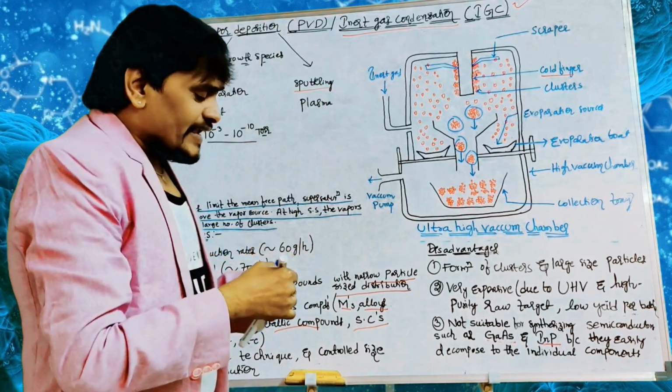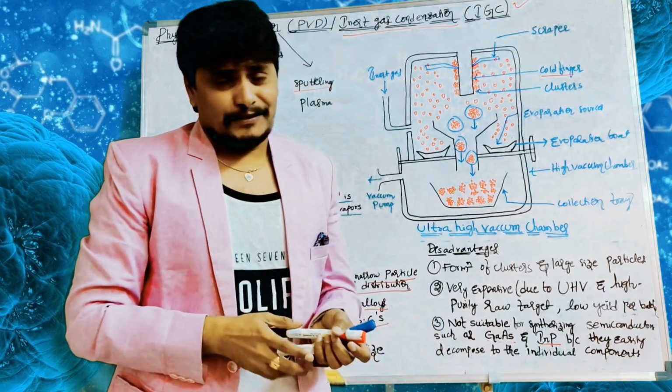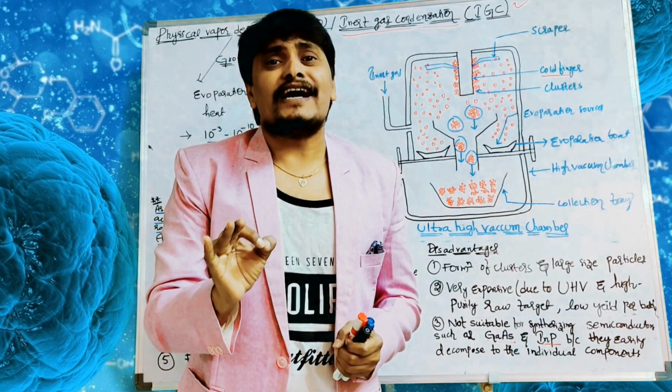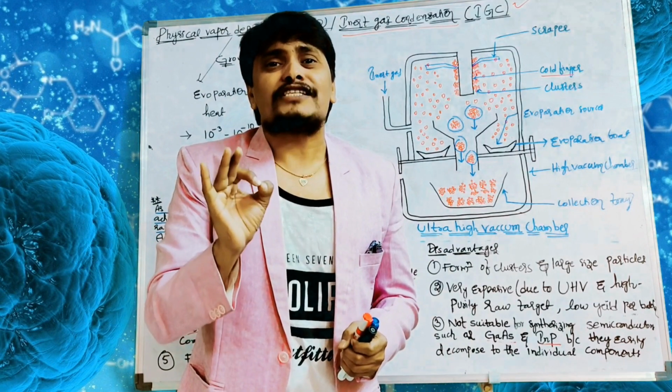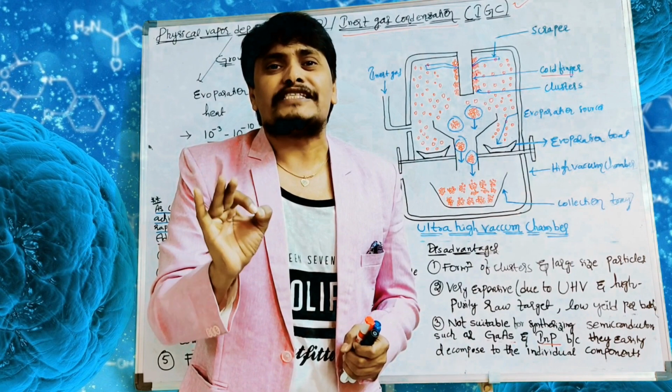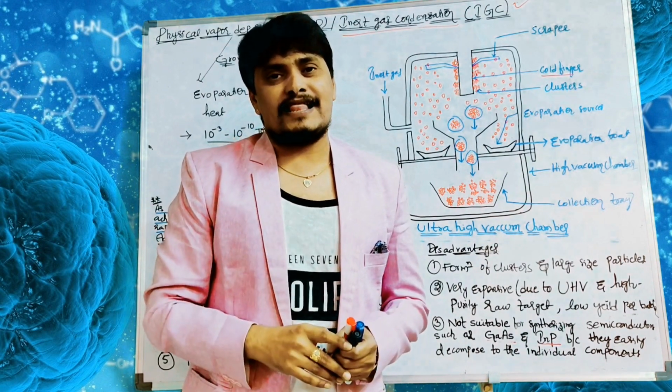Sputtering utilizes plasma. That is, it utilizes energetic ions or fast ions in order to remove or eject the growth species from the target.